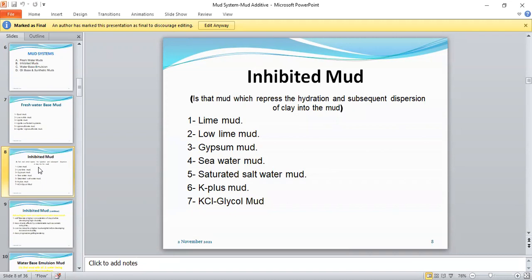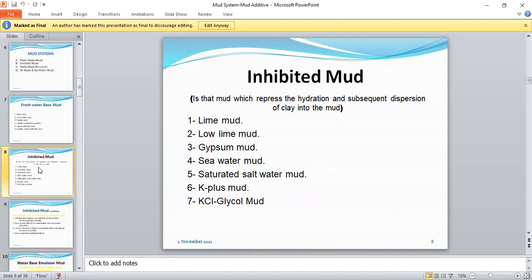We have the potassium plus mud. These are trade names. K stands for potassium. Potassium plus mud. Potassium chloride or potassium is another type of mud that helps. The potassium, like I explained earlier, can displace sodium with respect to the chemical series.